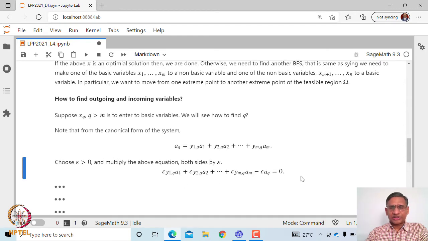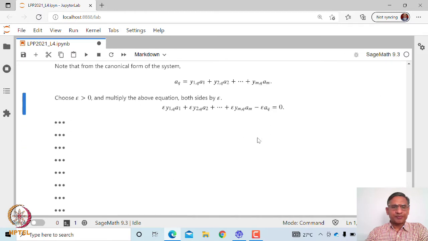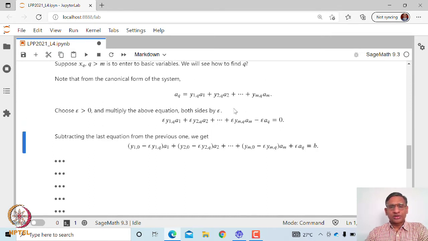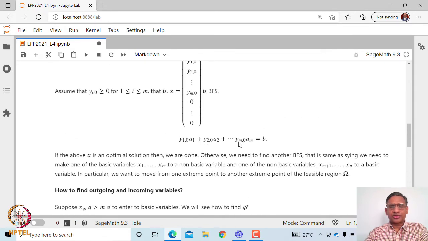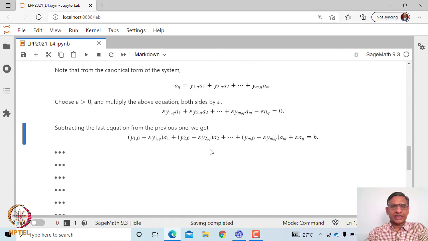Now look at this last equation, and the equation corresponding to b, which is this equation. Let us subtract the second equation from the first equation. What do we get? When we subtract, the coefficient of a1 will become y10 minus epsilon times y1q.